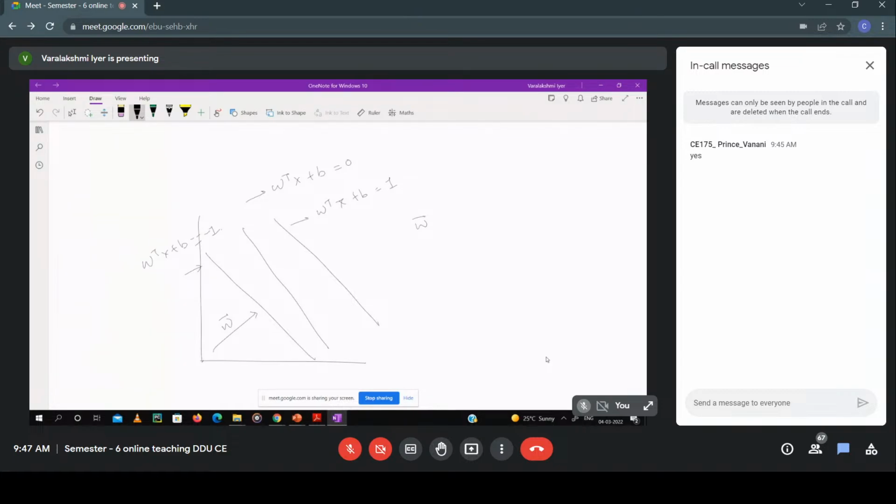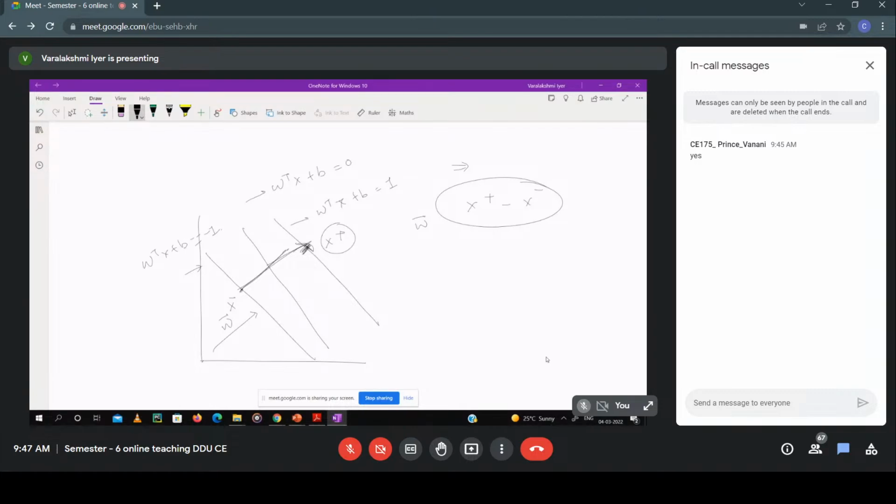Now suppose we are taking two support vectors, a support vector on the positive side, X positive, and a support vector on the negative side, X negative. And suppose we are drawing a vector from X negative to X positive. So this will be X positive minus X negative. This is the vector that we have. And suppose we are trying to find the distance of this particular vector.